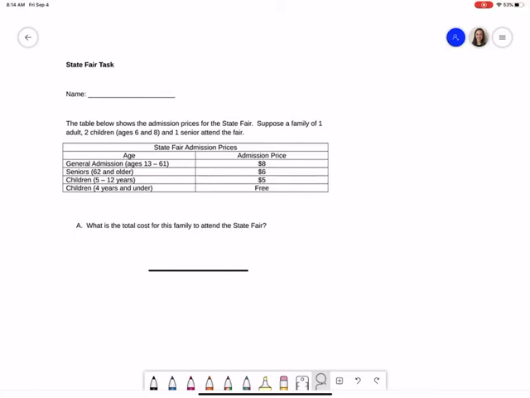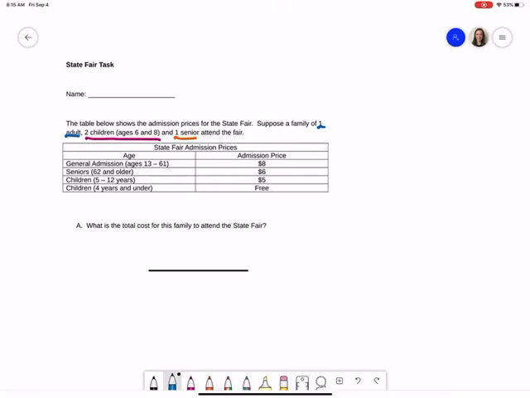So it says, suppose a family of 1 adult, 2 children, ages 6 and 8, and 1 senior attend the fair. Okay. You can actually erase that part, right? That's not part of it. 1 senior. Okay, so let me circle the prices of how much that would be.